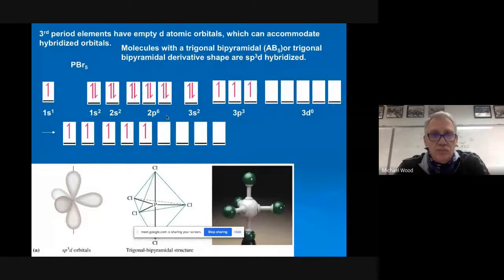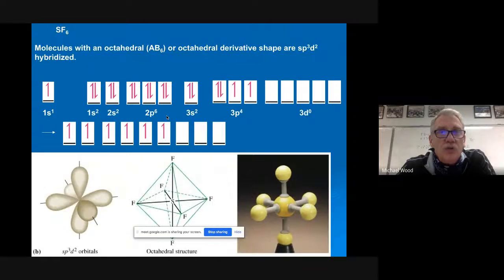Also, before I move on, if you look there on the bottom, if I were to diagram the shape, and I'll come back and review that, I would show in the equatorial, the chlorine on the left, I would shade that in coming towards me, and then the chlorine just above it, I would have a dashed line. We'll talk about that more. Okay, so sp3d. Now on to the octahedral shape.